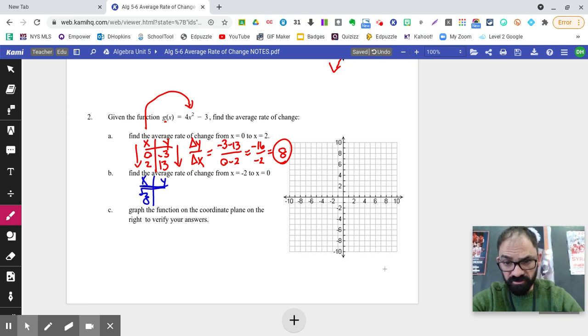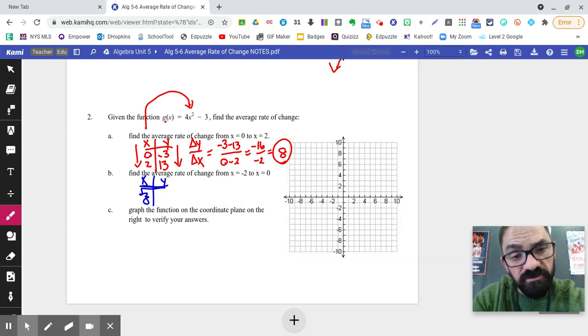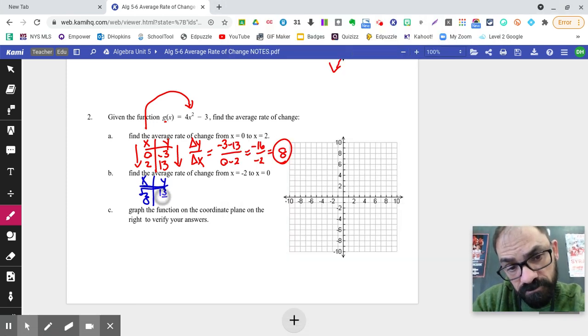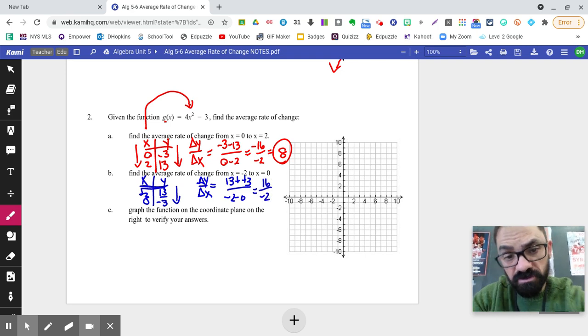Let's confirm that was positive 13, right? Yes, positive 13 and negative 3. So subtract this way. And negative 2 minus 0. I get positive 16 over negative 2.